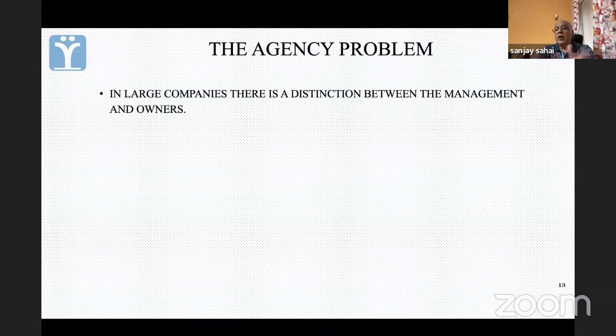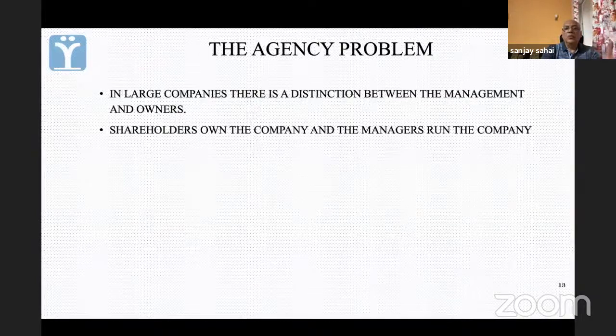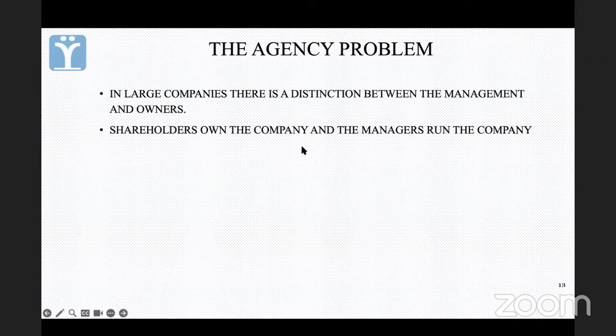Now, the moment you understand this, you can easily appreciate that in the case of the company also, the relationship between the management and the owners is the same. The management is like an agent of the owner. ठीक है? This part is clear. Now, shareholders own the company, managers are running the company.